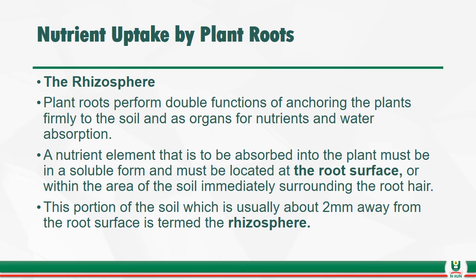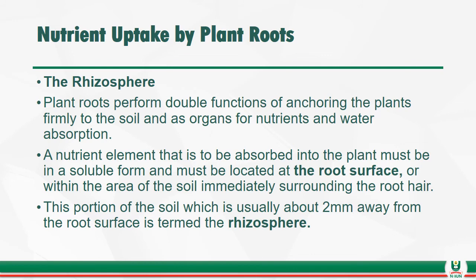A nutrient element that is to be absorbed into the plant must be in a soluble form and must be located at the root surface or within the area of the soil immediately surrounding the root hairs.